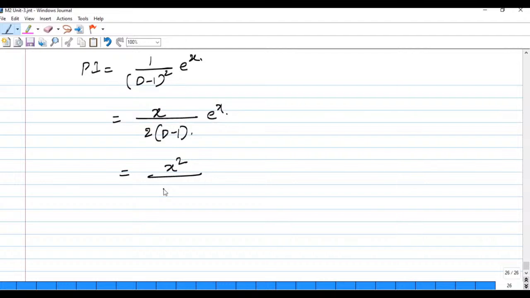If you want to write one example, you can write 1 by D cos 3x is equal to the integral of cos 3x dx, which is nothing but sin 3x by 3.